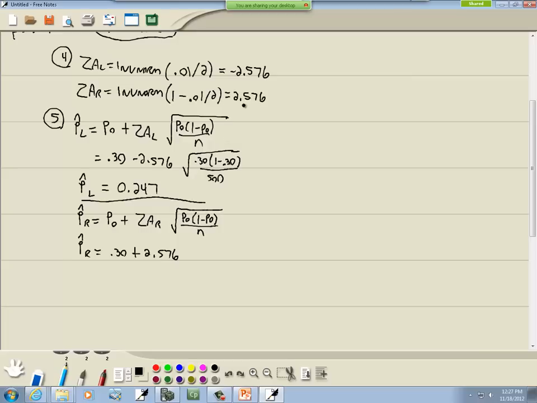It was a positive 2.576, times the square root of 0.30 times 1 minus 0.30 divided by 500.